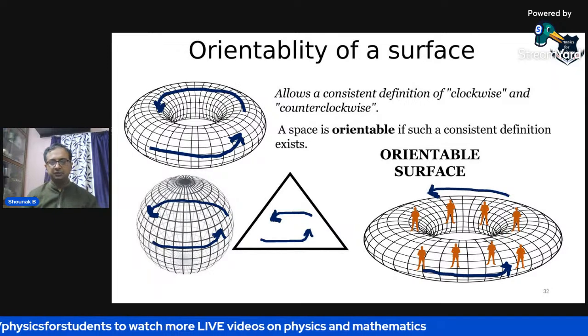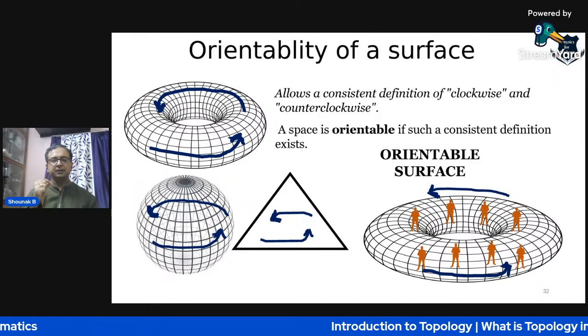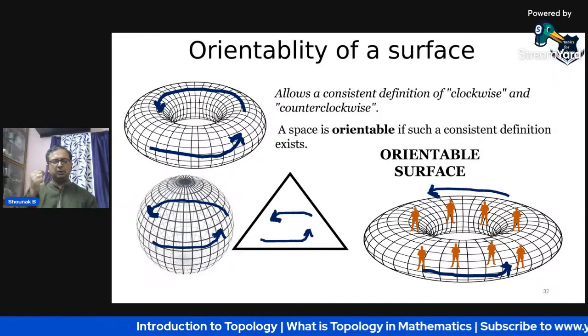And then you see a sphere. An orientable surface is something which allows a consistent definition of clockwise and counterclockwise. What do I mean by that?